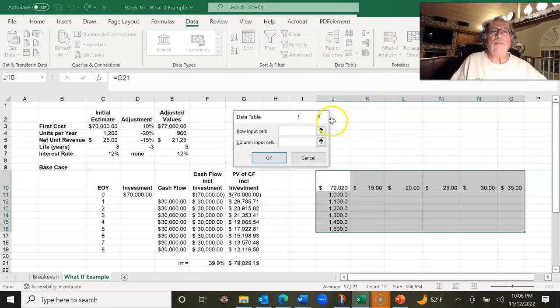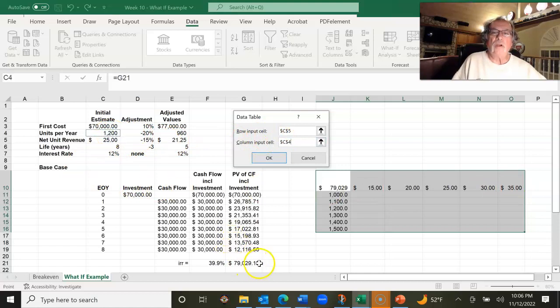Now our row input cell is going to be the net unit revenue, that's the $25. I said units per year, it's net unit revenue, I'm sorry. The row input cell is the net unit revenue. The column input cell is the units per year.